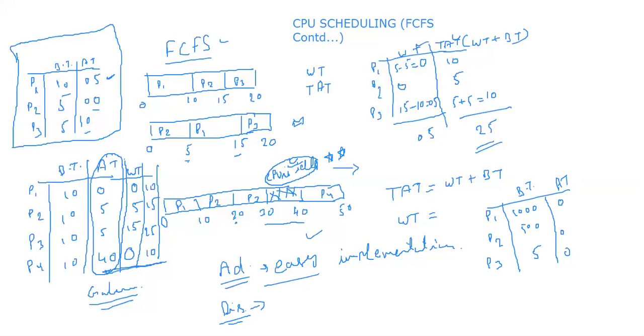Since all processes arrived at the same time, what do we do? We consider the ordering. So how will these processes get executed? First P1, then P2, and then finally P3. That will be the order. Now, how much time does P3 have to wait? It's 155 units of time.